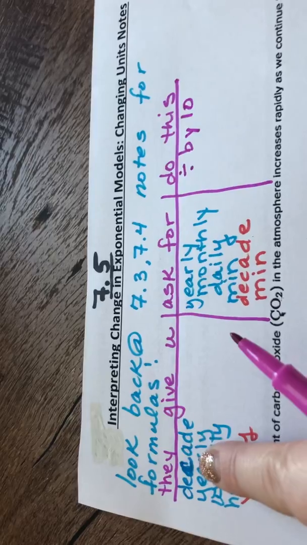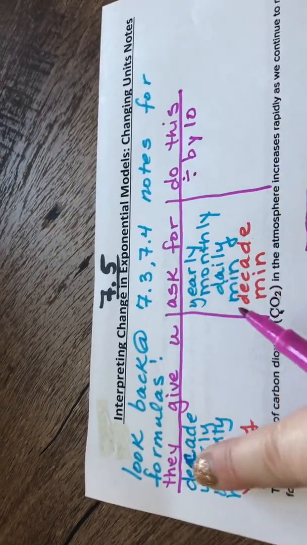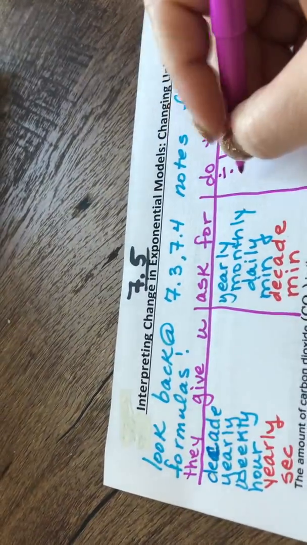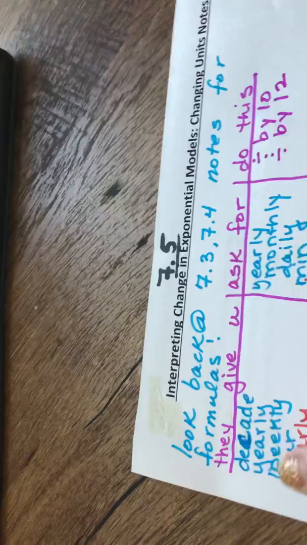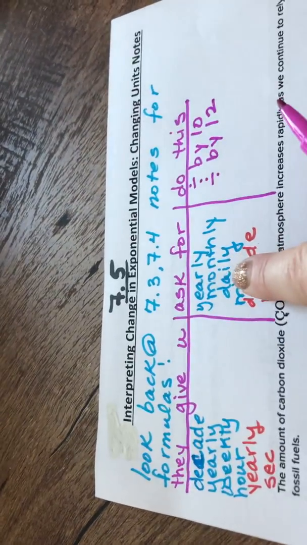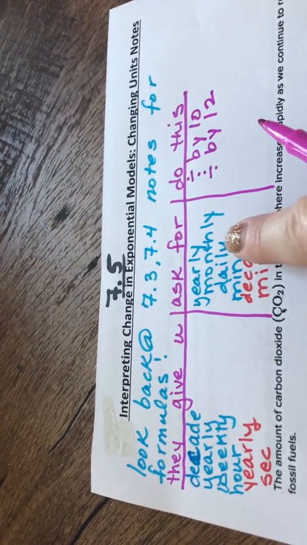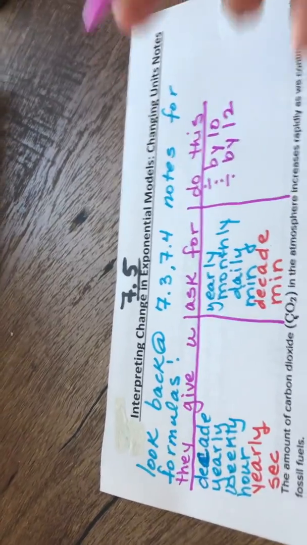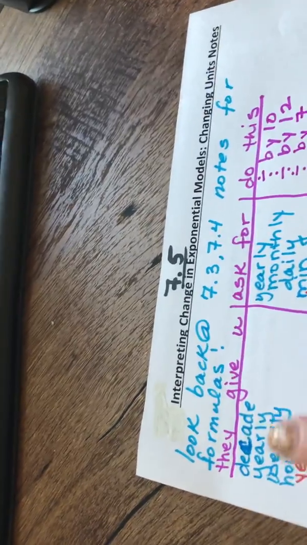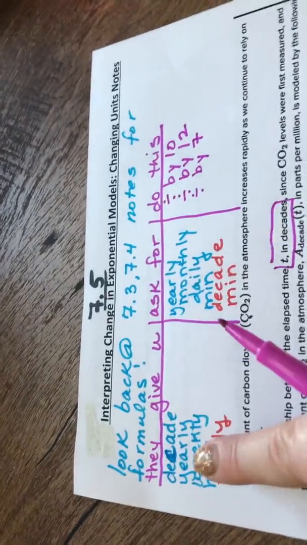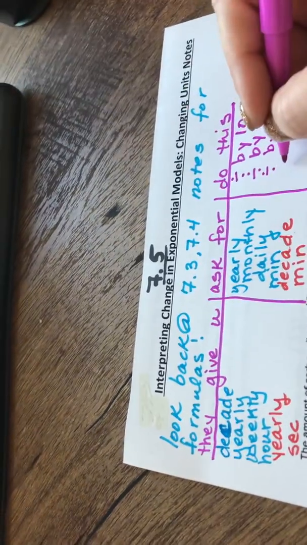Okay, if they give you yearly and they ask for monthly, how many months are in a year? 12. So you divide by 12. If they give you weekly and ask for daily, there's 7 days in a week, so we divide by 7. Keep going. If they give you hourly and they want minutes, then how many minutes are in an hour?